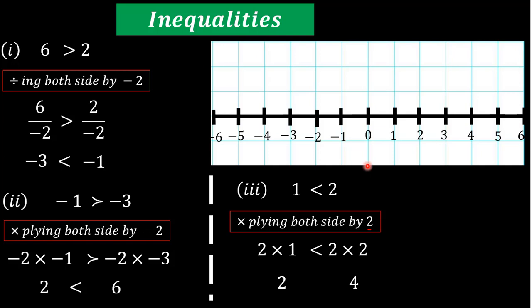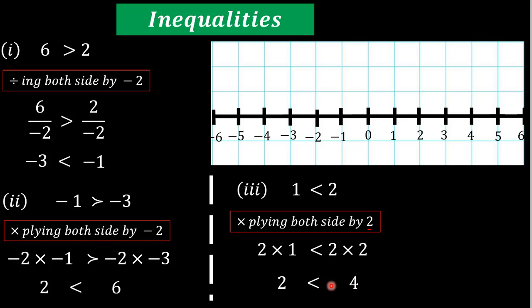But doing so is not changing the position of the left hand side compared to the right. So you don't need to change the sign. The sign will remain the same. 2 is lesser than 4, which is now a true statement.